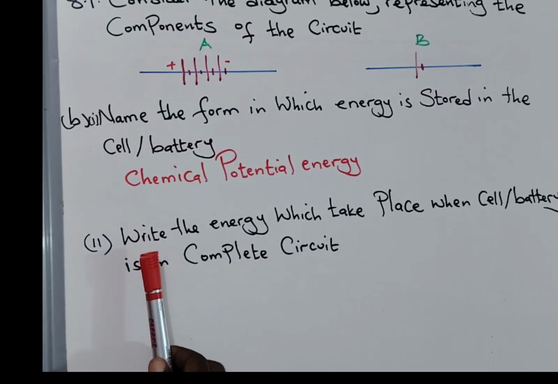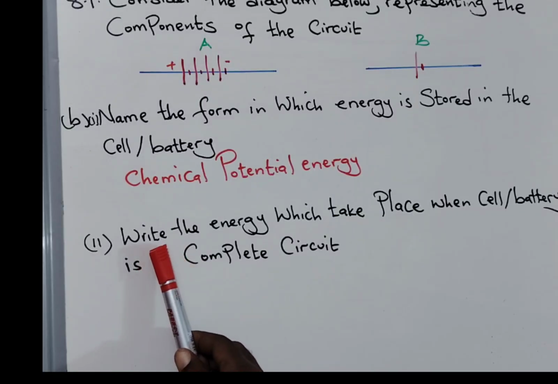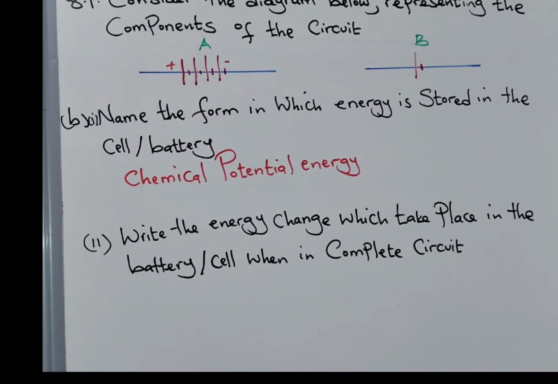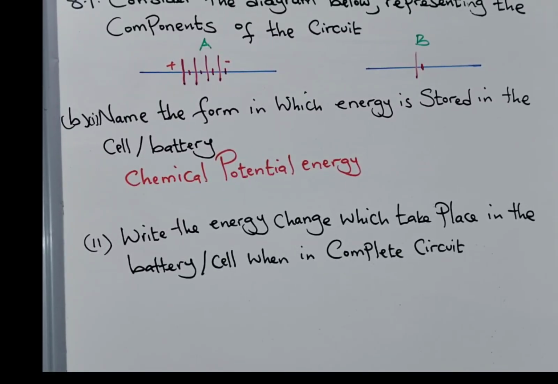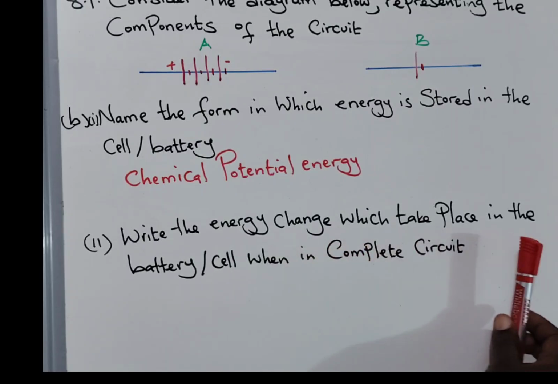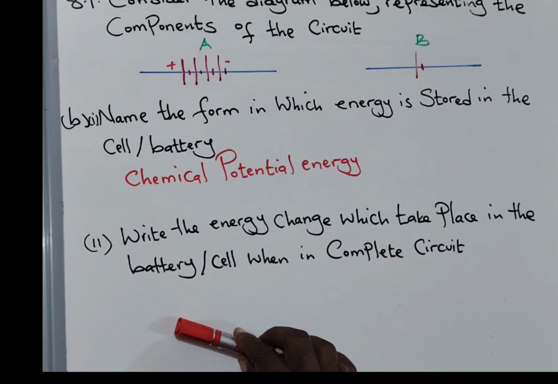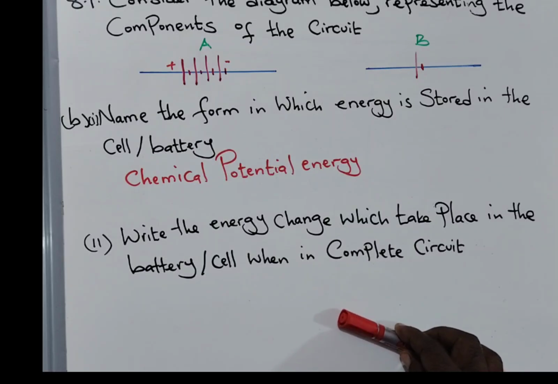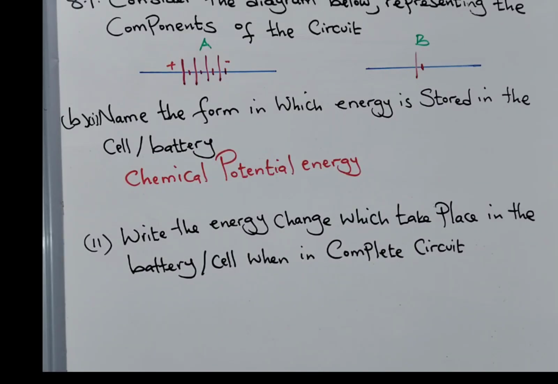Then we come to this one. It says, write the energy change which takes place in the battery when in a complete circuit. So when the battery is in a complete circuit, what happens? It's providing energy.